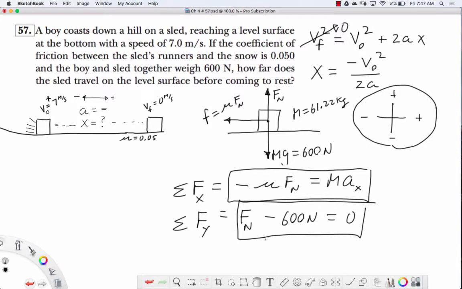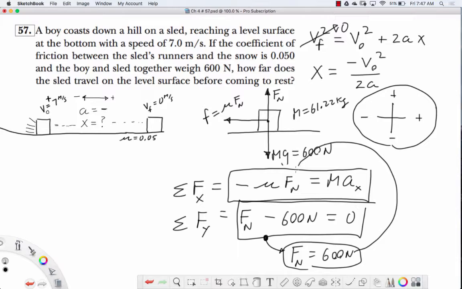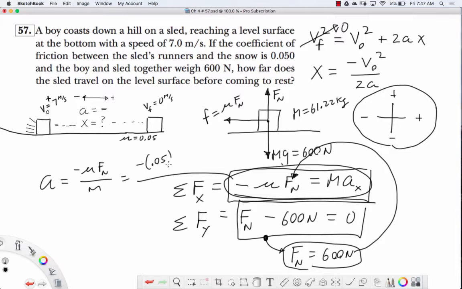Now, the rest of this is algebra. Take this equation: normal force must be equal to 600. And then take the normal force, plug it in up there, and then you can solve for a. So a is going to equal negative mu Fn divided by mass. Plug in negative 0.05, the normal force is 600, and the mass is 61.22 kilograms.